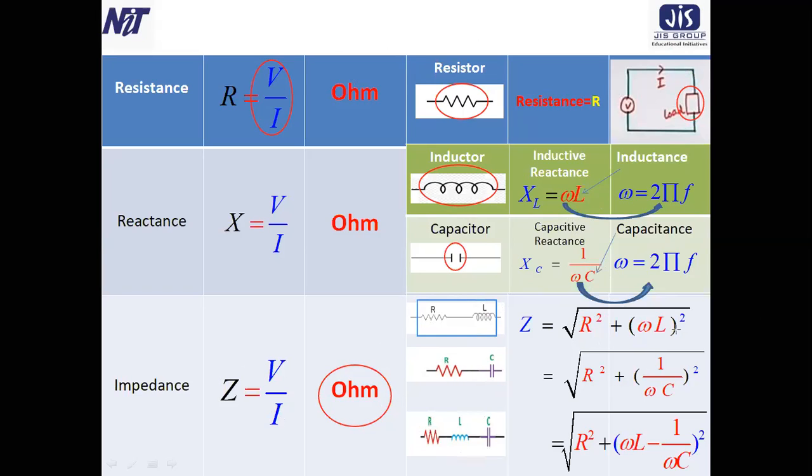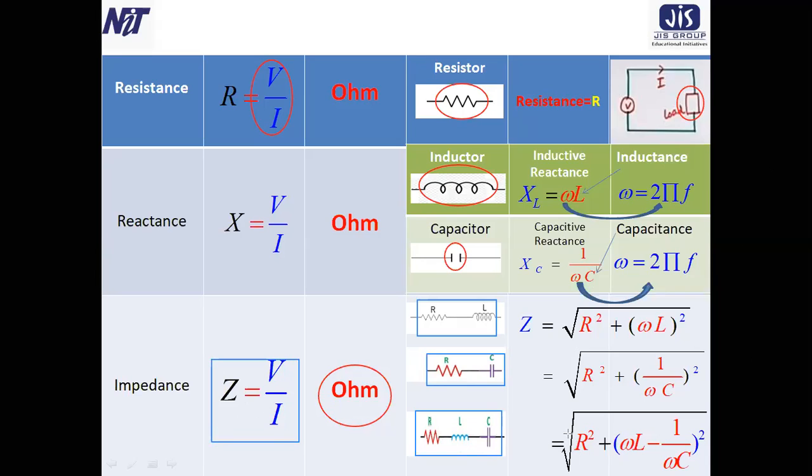If resistance and capacitance are there, it is R square plus 1 by omega C whole square. That means R square plus XC square, because XC equals 1 by omega C, if it is a series RC circuit. And for a series RLC circuit, what will be the value of the impedance?